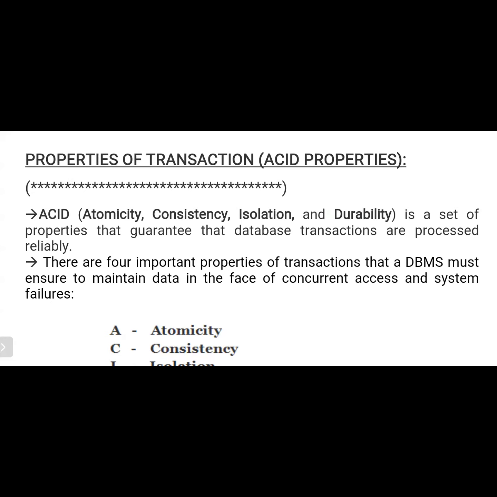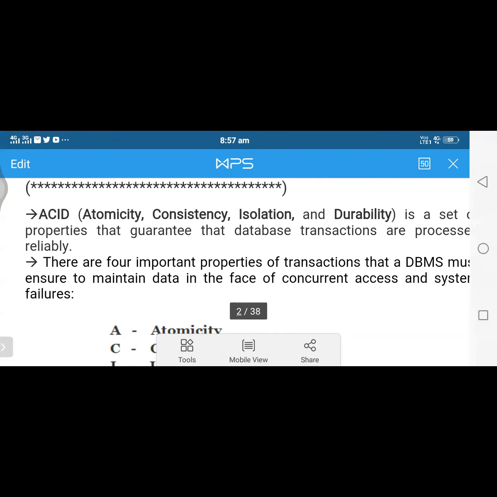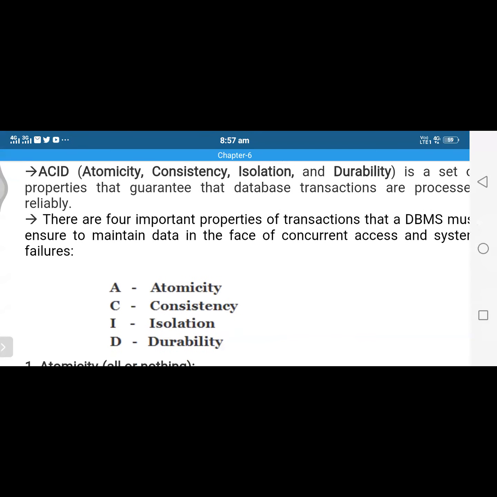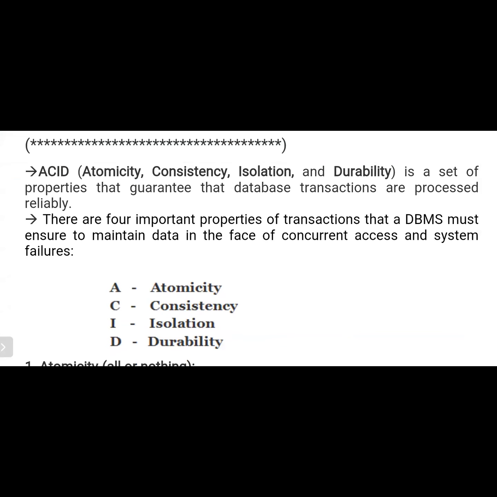Those checkpoints are used for storing the data, at which time the data is saved into the database. By using the same checkpoints, we can recover that data. We will discuss it in the next classes, so don't worry about that. Durability means providing reliability. Even when crashes occur in the system, we can give the data to the users. That is the main thing.